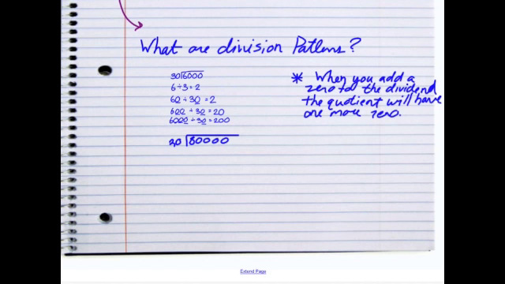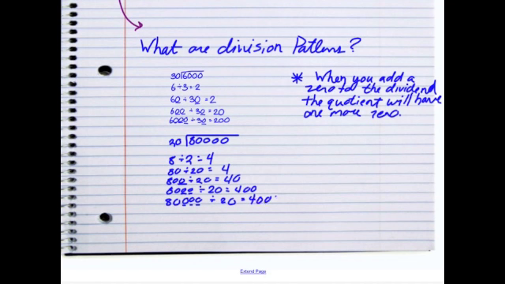Once again, I'll start off. 8 divided by 2 equals 4. 80 divided by 20 equals 4. 800 divided by 20, remember I'm increasing zeros, equals 40. 8,000 divided by 20 equals 400. 80,000 divided by 20 equals 4,000.